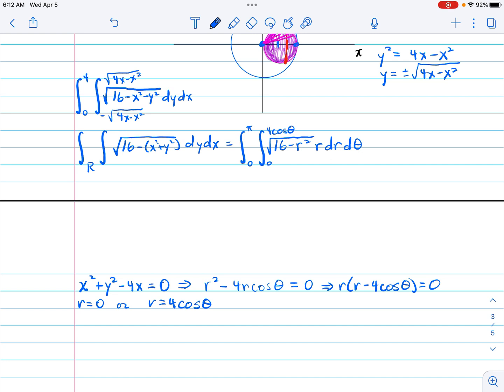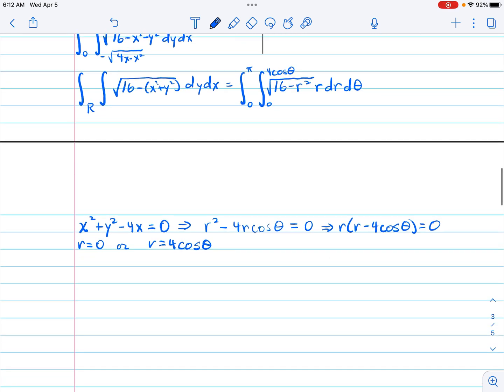So you have to determine that. And now we have this double integral. We have 0 to pi, 0 to 4 cosine theta, and then we have in here 16 minus r squared, r dr d theta. And now our job is simply to integrate that, figure out what that is.